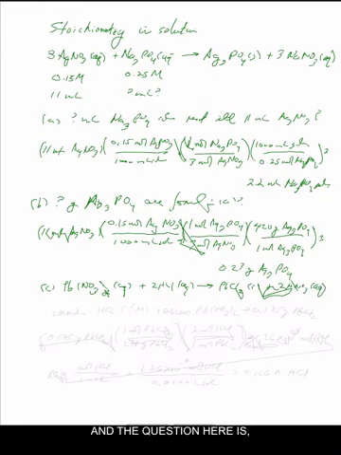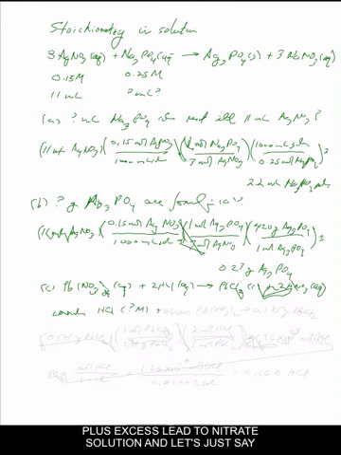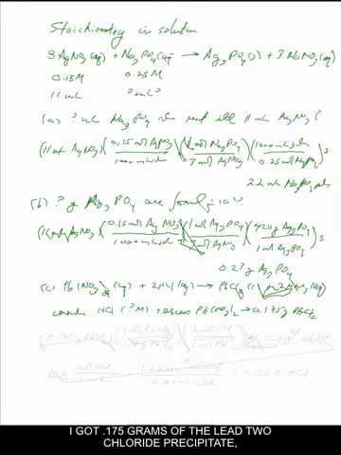And the question here is, if I ran a reaction in which I took 10 milliliters of an HCl solution of an unknown molarity plus excess lead 2 nitrate solution, and let's just say for the sake of argument I got 0.175 grams of the lead 2 chloride precipitate.